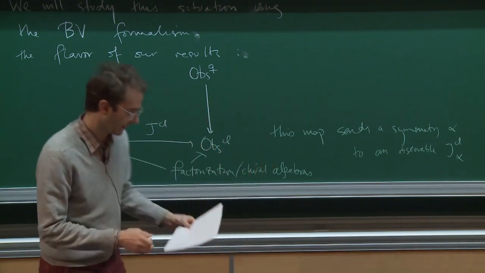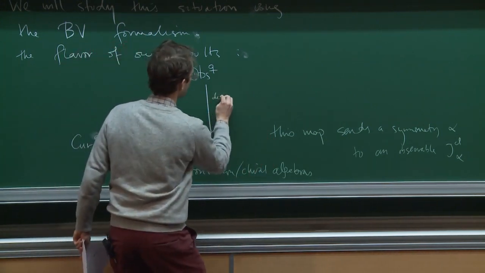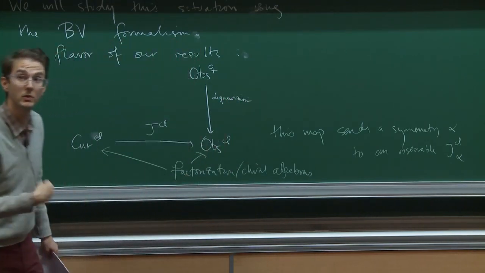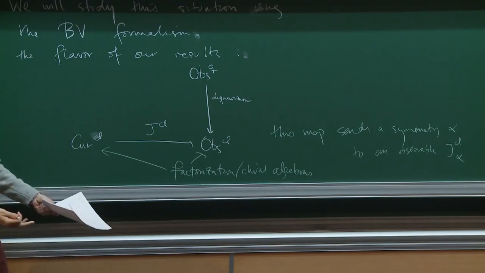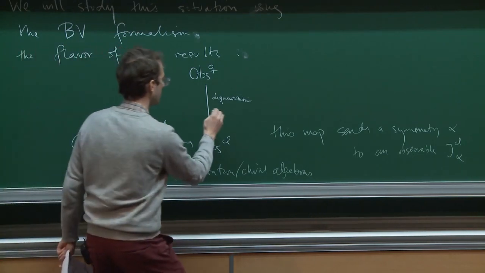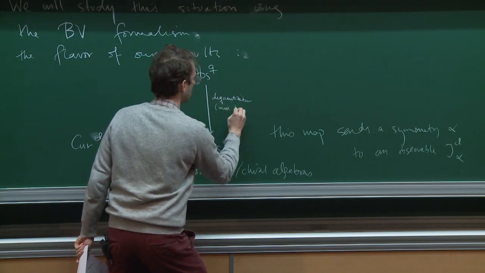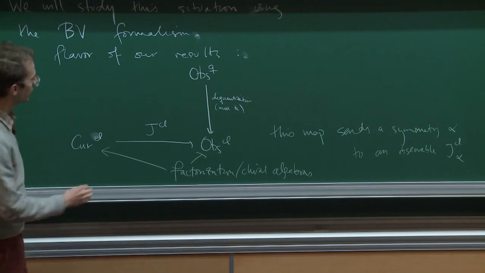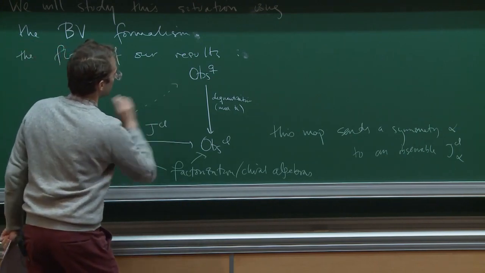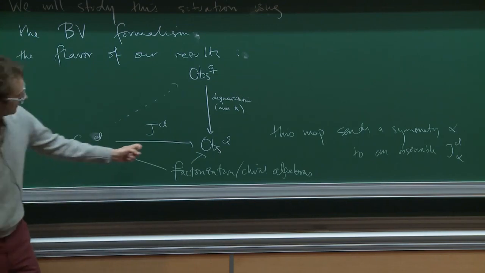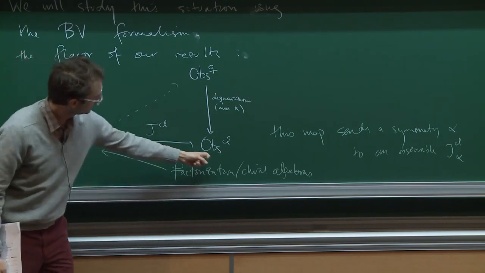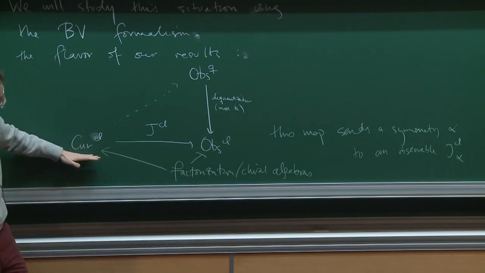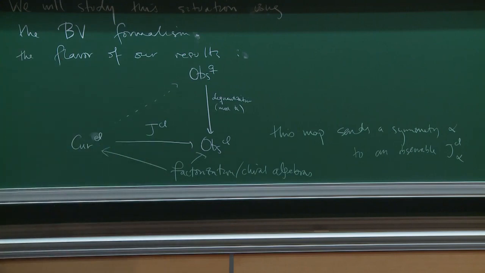So there's a sort of dequantization map. This is much like deformation quantization, where you have an associative algebra in powers of h bar such that modulo h bar you get back a commutative algebra. This is also a chiral algebra, a factorization algebra. And the kind of question we're going to ask is whether we can lift these symmetries, or these observables that come from classical symmetries, to quantum observables.